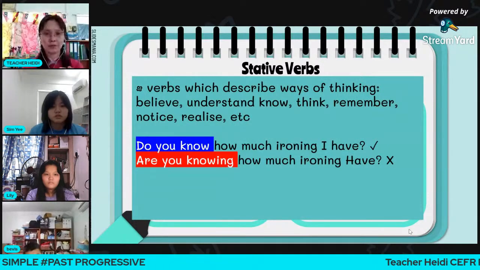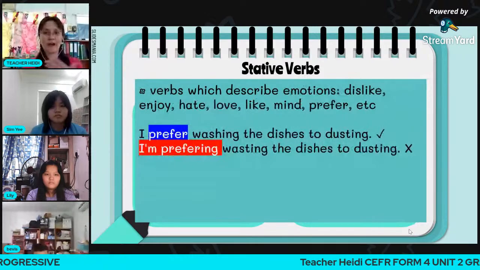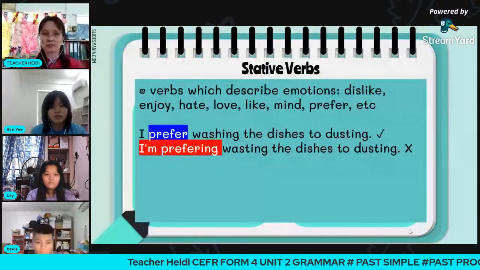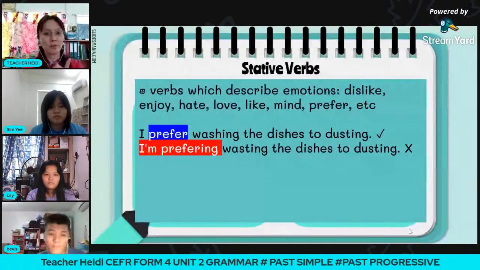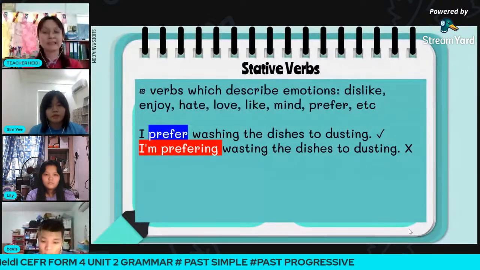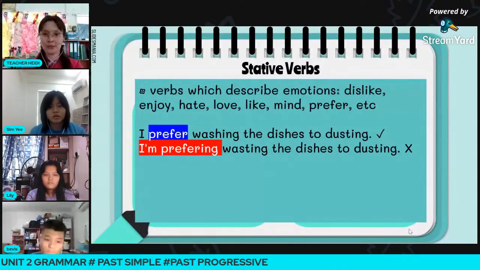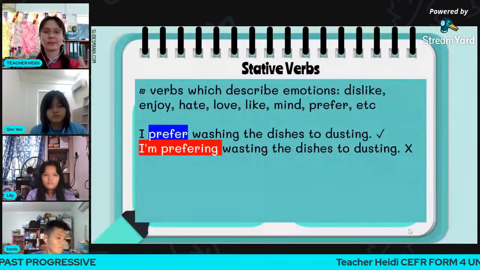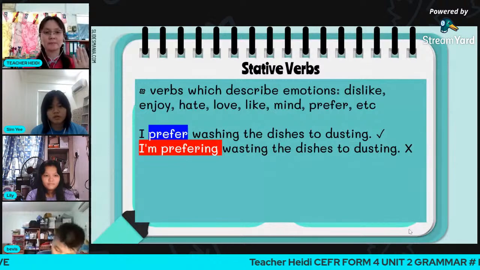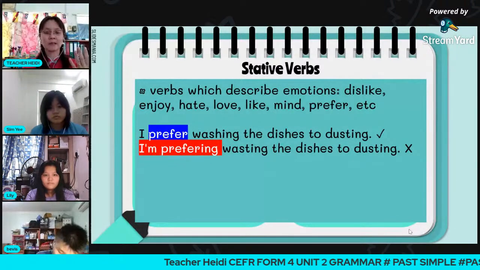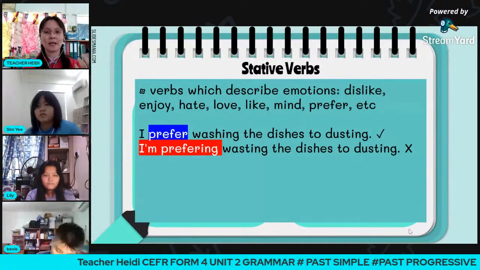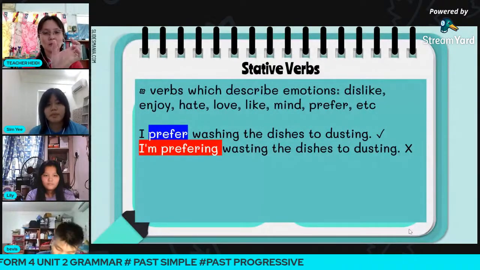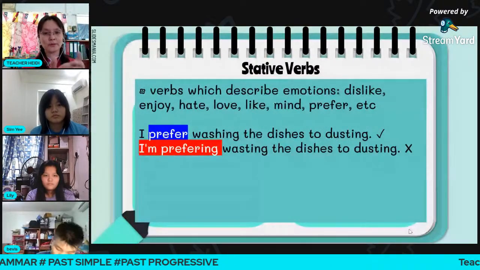Okay, let's move on to the next one, which is your emotion. I like, I hate, I prefer, I dislike, I enjoy. So you say, I prefer washing the dishes to dusting. You don't say, I'm preferring. You don't use such a word. Or you can say, I'm enjoying certain things. But you don't say, I'm loving, I'm liking, I'm minding, depending on where you put this verb.